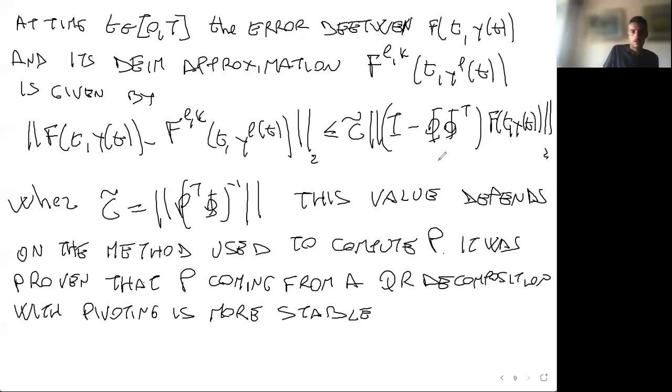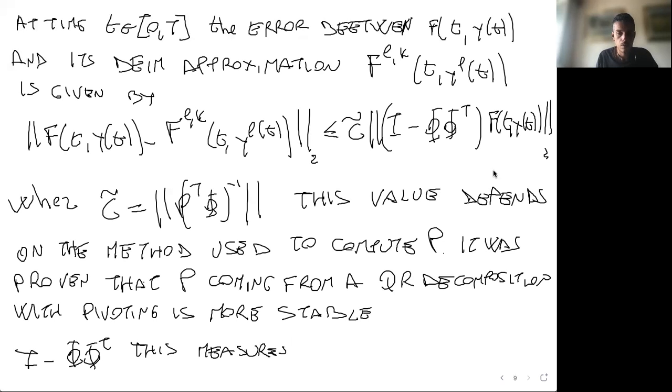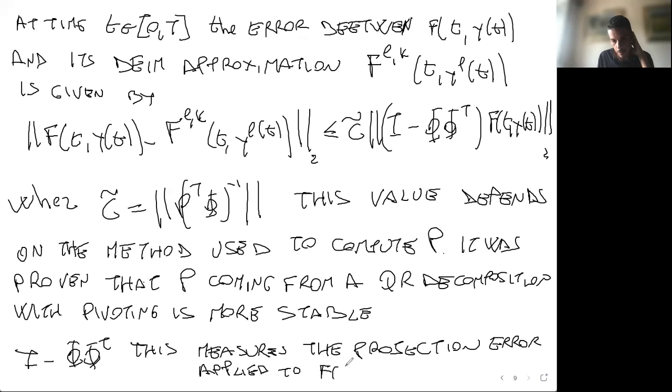And the term, the matrix identity minus phi phi transpose, measures the projection error applied to f(t, y(t)).